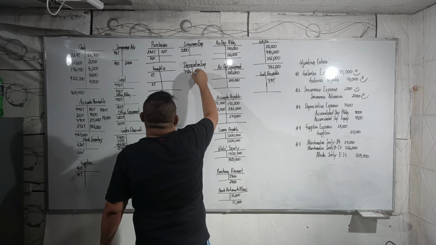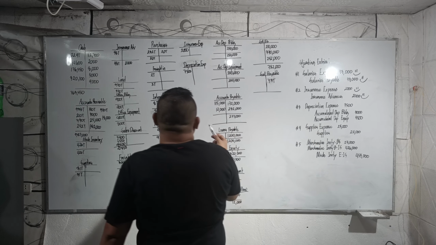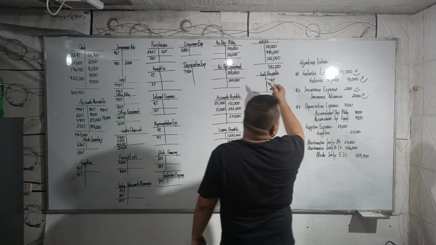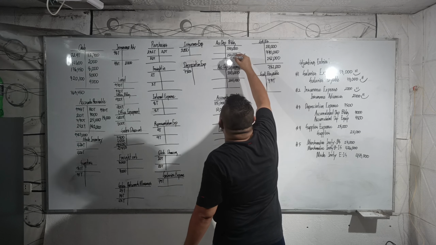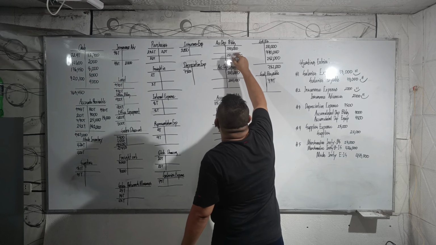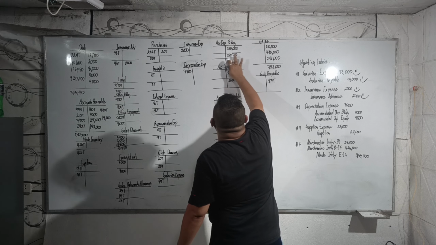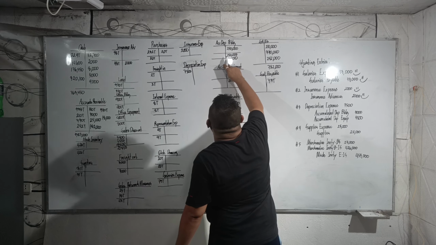We put that right here. And then we have accumulated depreciation building. It's on the credit, it's 3,000. The previous balance is 50,000, so we have to add 3,000.